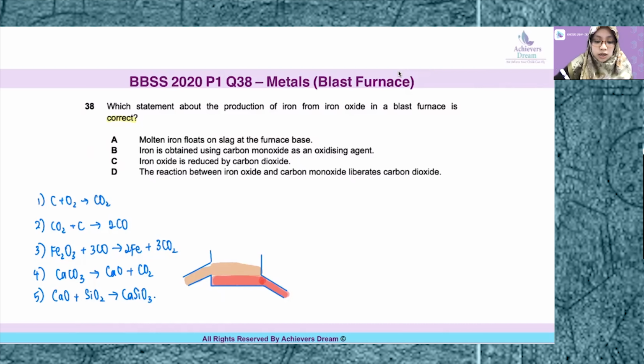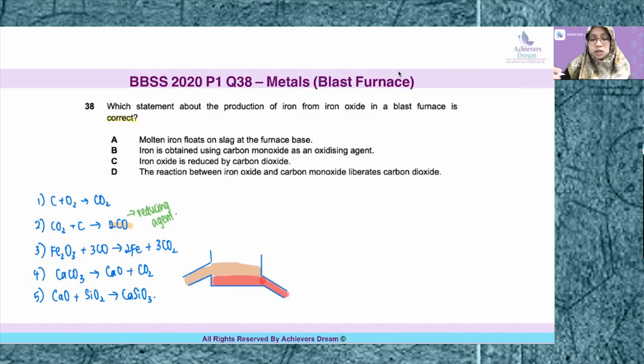Carbon monoxide is the VIP in your blast furnace reaction. It is going to act as a reducing agent. It will react with iron(III) oxide and form iron metal with carbon dioxide gas. That is the third reaction.